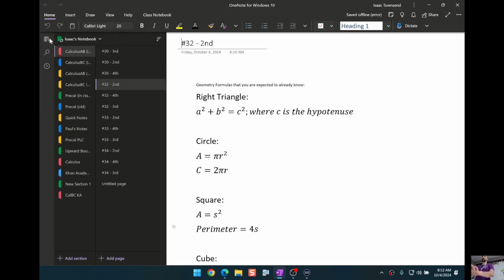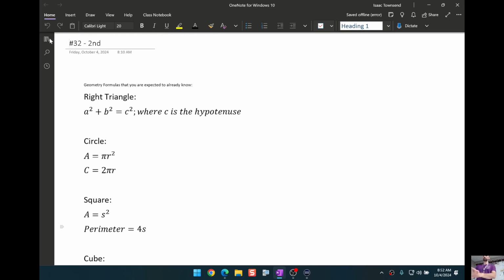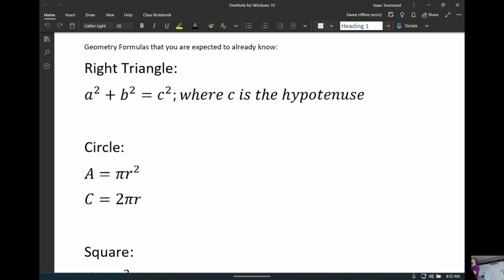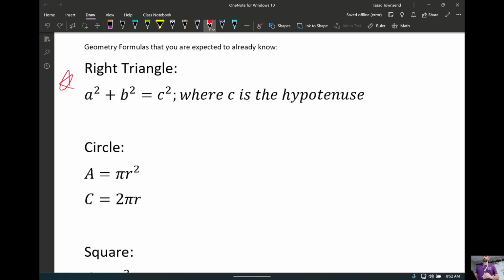Now again, not until the next handout can I show you how we're going to use these, but Pythagorean theorem, where C is the hypotenuse. So if somehow you don't have that ingrained in your brain, you need to relearn that. Formulas for area of a circle, we've got circumference and area. So they're expected. Your AP exam will not provide those for you on the AP exam, so I won't provide them for you on our test either.